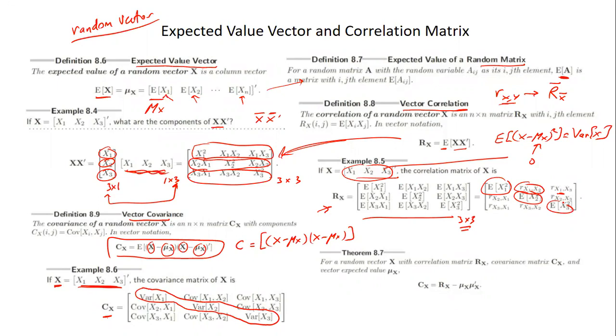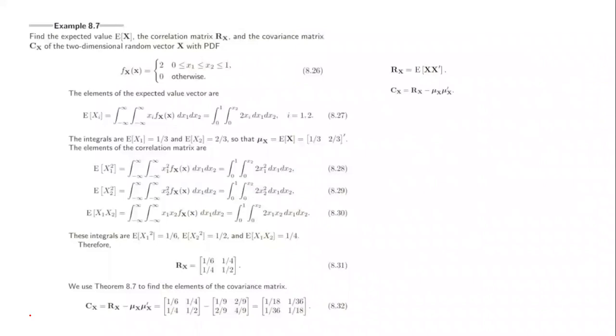We can also write vector covariance in terms of vector correlation and the expected value vector, in vector form. Here is an example.